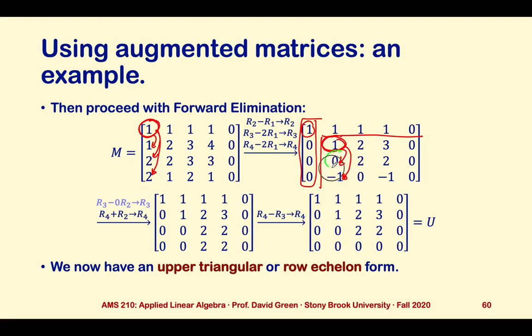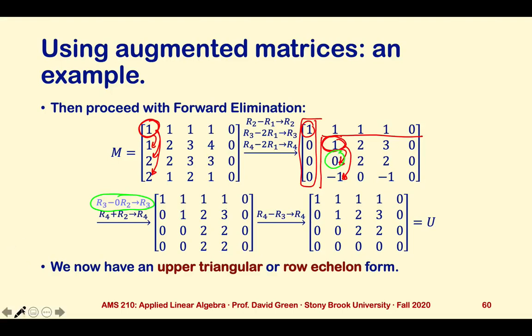This means we don't actually have to do anything. In the formal notation, we still could say, let's take row 3 and replace it with R3 minus 0 times R2. That corresponds to doing nothing because we're subtracting 0, but there is a way to formally write it. We can also just think of skipping this because there's already a 0 here.